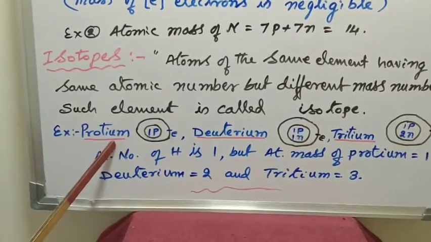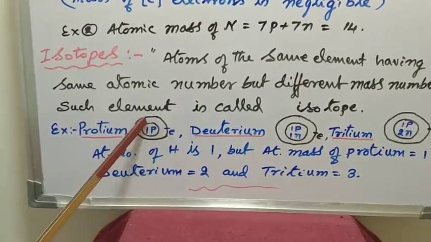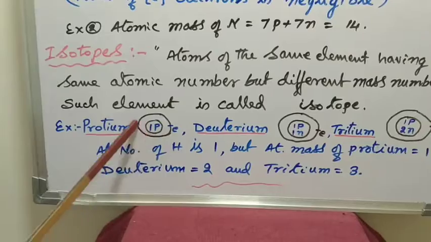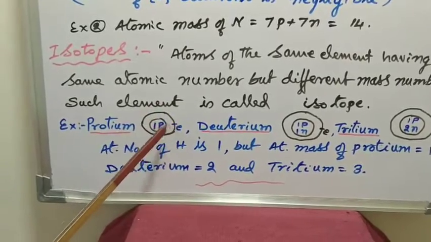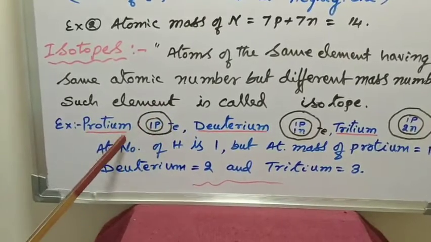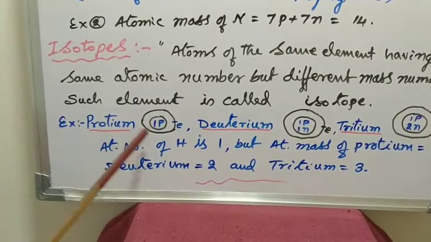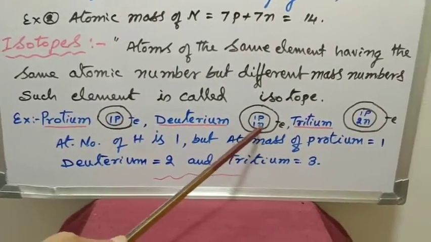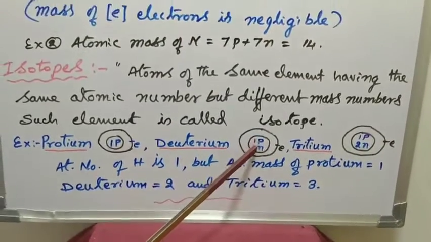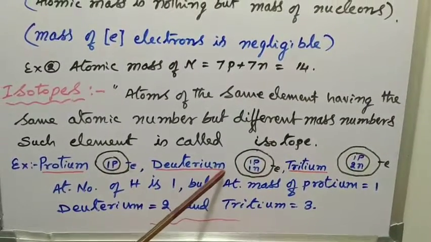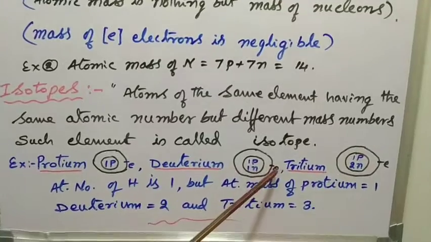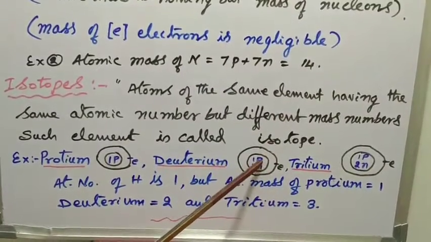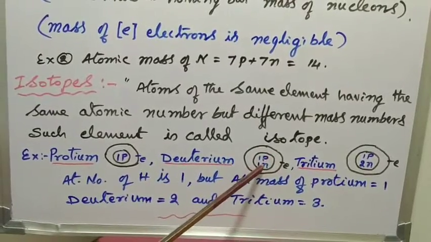Protium: the nucleus has one proton and only one electron in the first shell. That is hydrogen, we call it protium. The same hydrogen, if it has one proton and one neutron in the nucleus, we call it deuterium. Having one electron in the first shell, its atomic number is 1, but mass is 2.